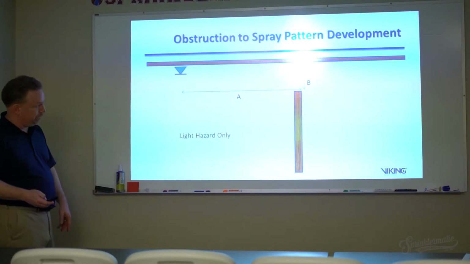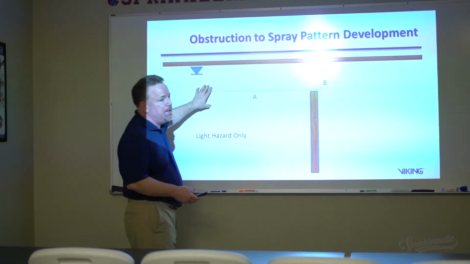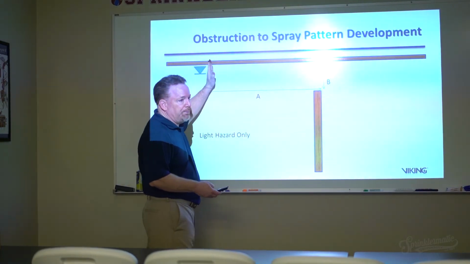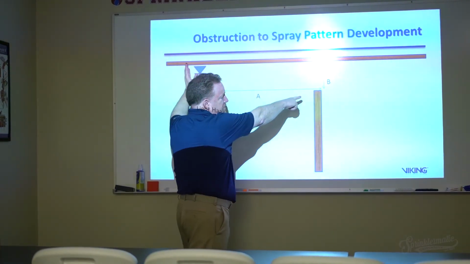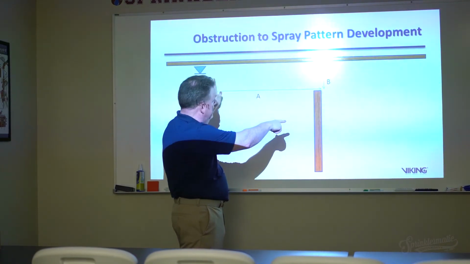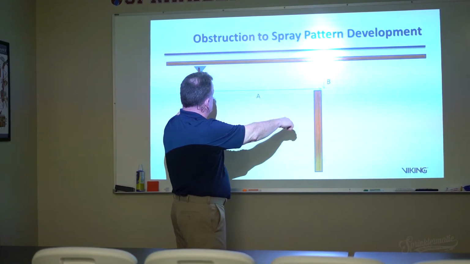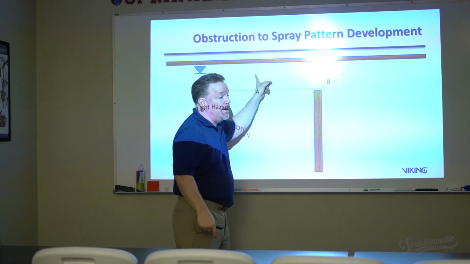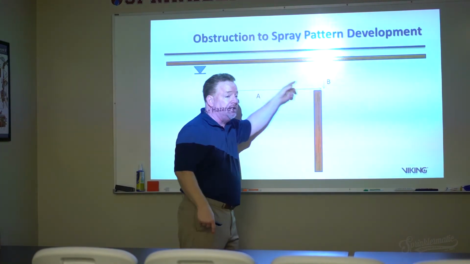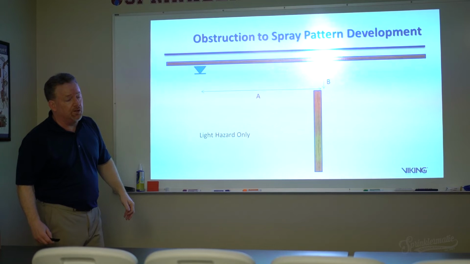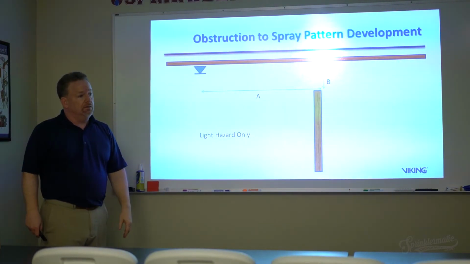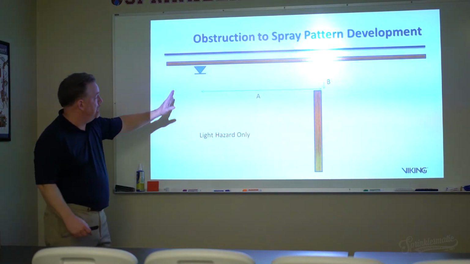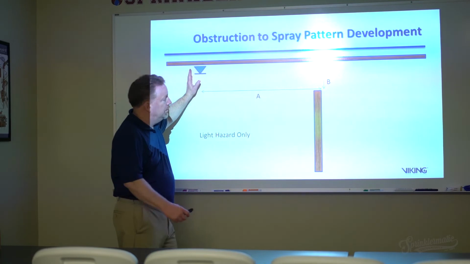So B has to be a minimum, what, 18 inches? Well, no, B is not a minimum or a maximum of 18 inches. This distance will change depending on A. As you shrink A, B is going to come down a little bit, because remember, it's about the development of the spray pattern and getting it over the top of that obstruction.